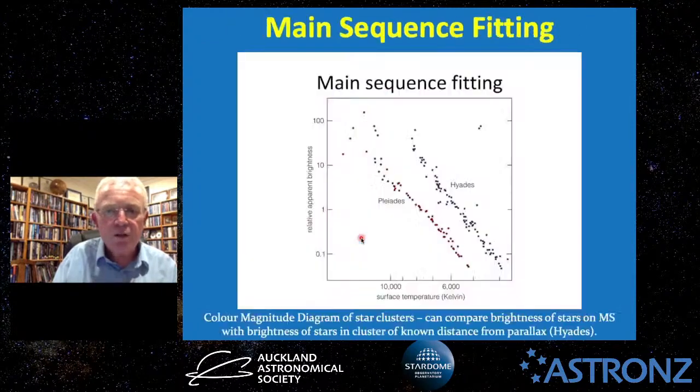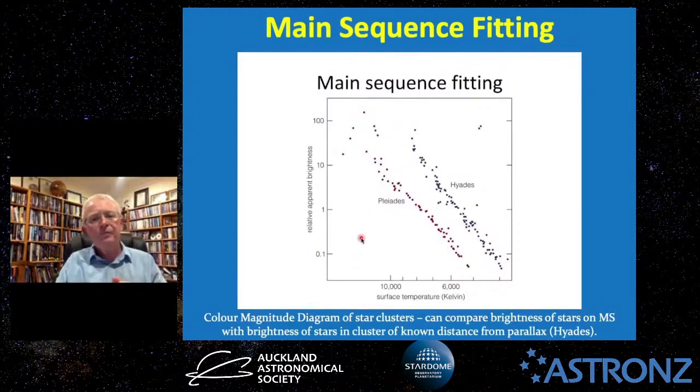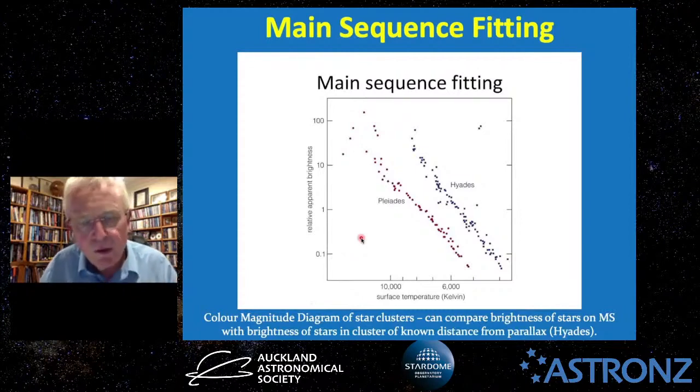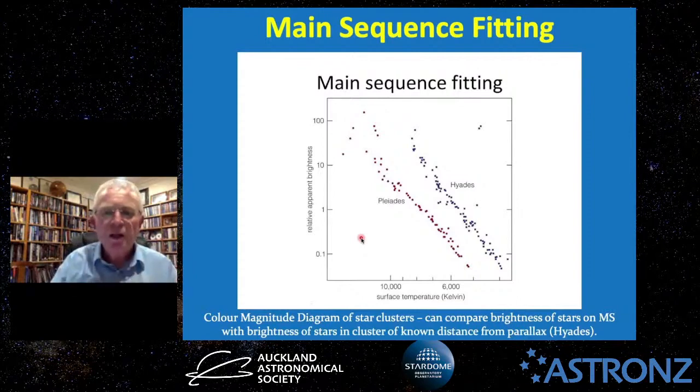Star cluster main sequence fitting. Okay, this is where you get a cluster of stars. And a cluster of stars refers to a big bunch of stars in the sky, all closely together, that are all the same age and formed from the same molecular gas cloud that's collapsed to form all these stars, as stars do. And they're all roughly the same distance from one another.